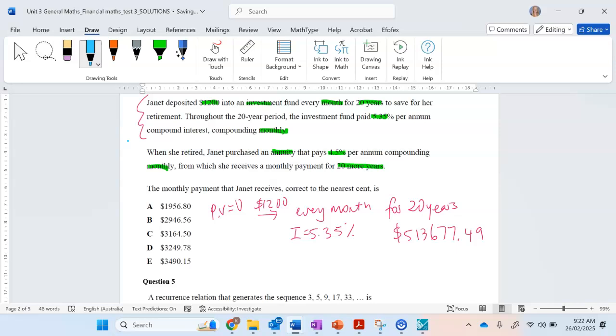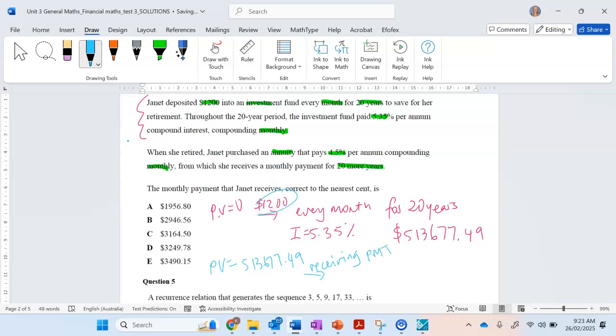All right, so for the next one, her principal value is the 513,677.49. She purchased an annuity that pays 4.5%. So she's not paying anything, she's receiving money. All right, so last time she was putting 1,200 into the account. This time she's receiving a payment, and that's what we've got to work out.